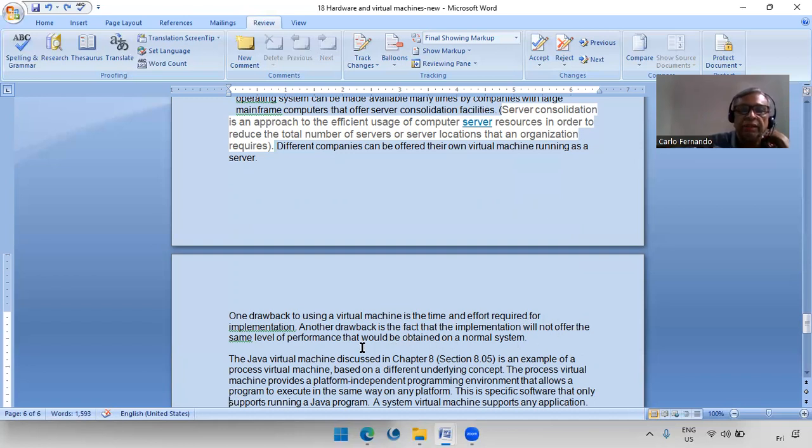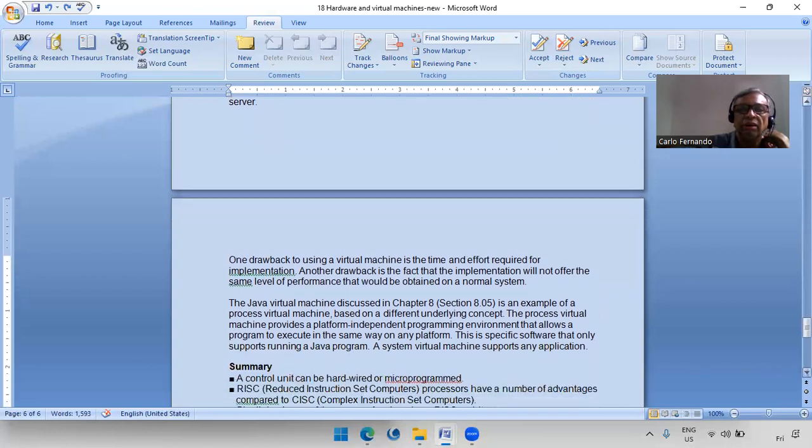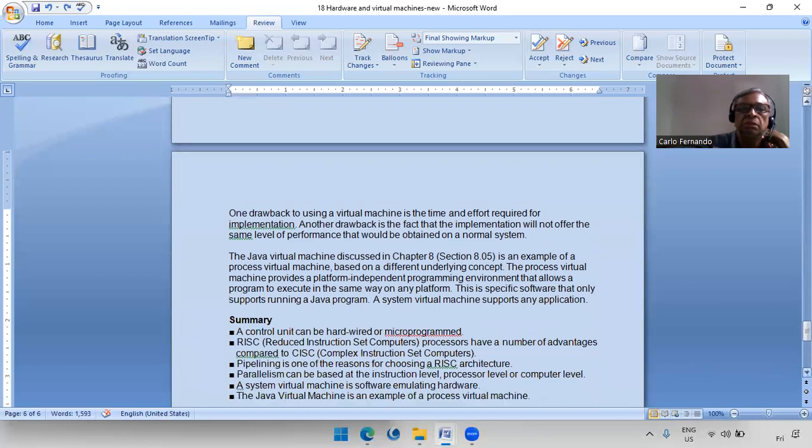So there are two disadvantages. One is the difficulty in implementation. The other is that it becomes slow. Naturally, no? One person doing two jobs.